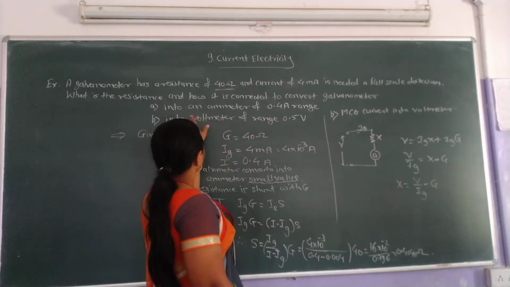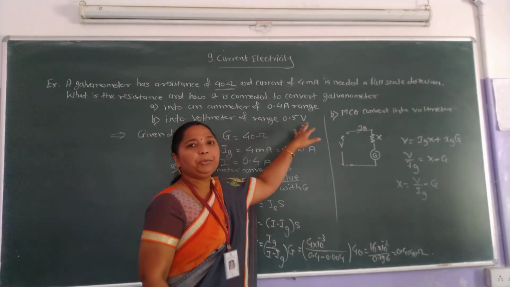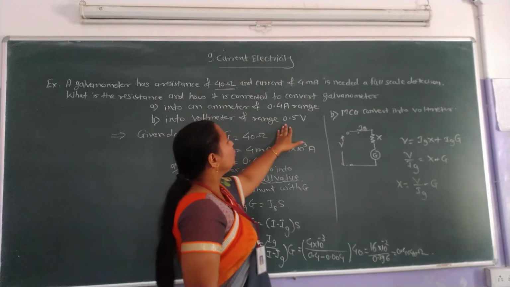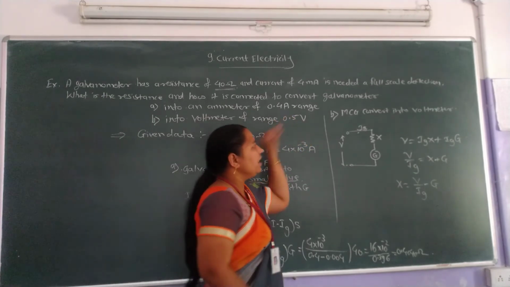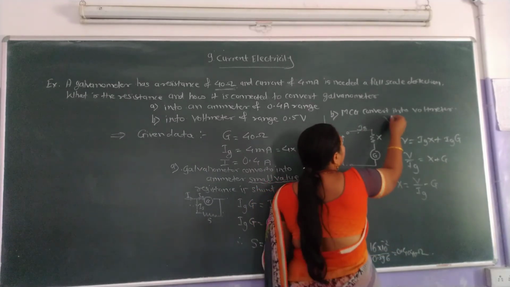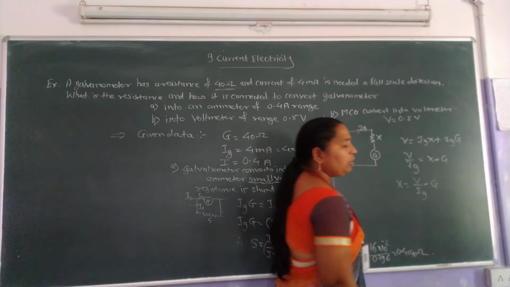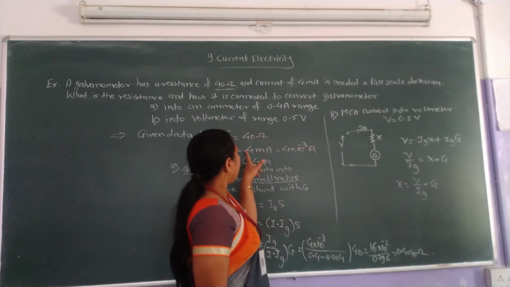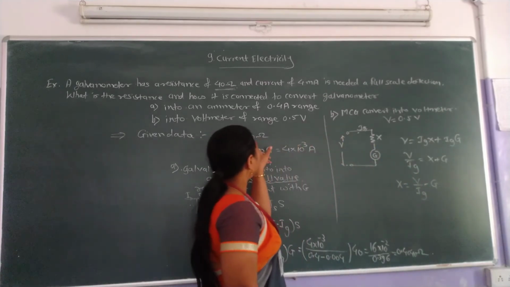We have to construct a voltmeter of range 0.5 volt, so the value of V is 0.5 volt. We know Ig is equal to 4 milliampere and G is equal to 40 ohm.